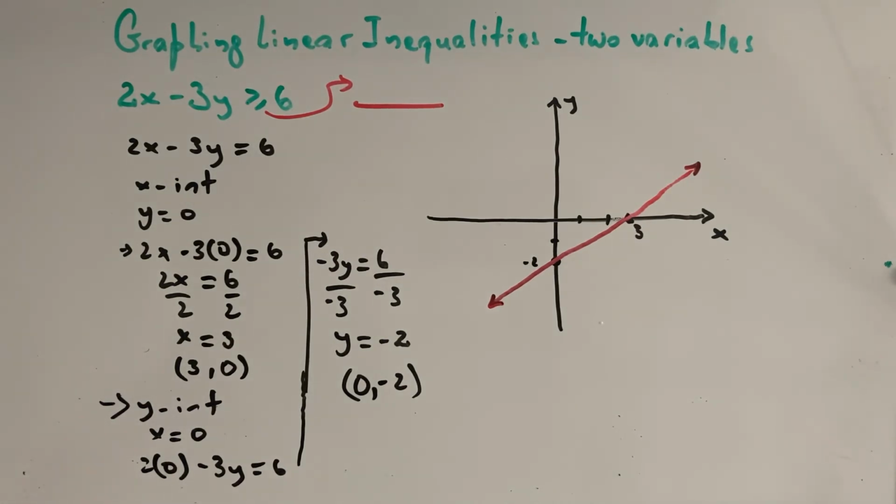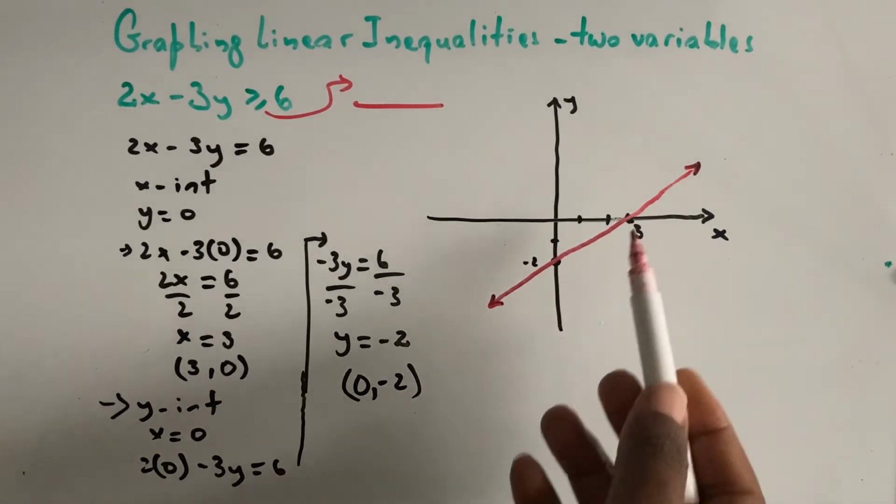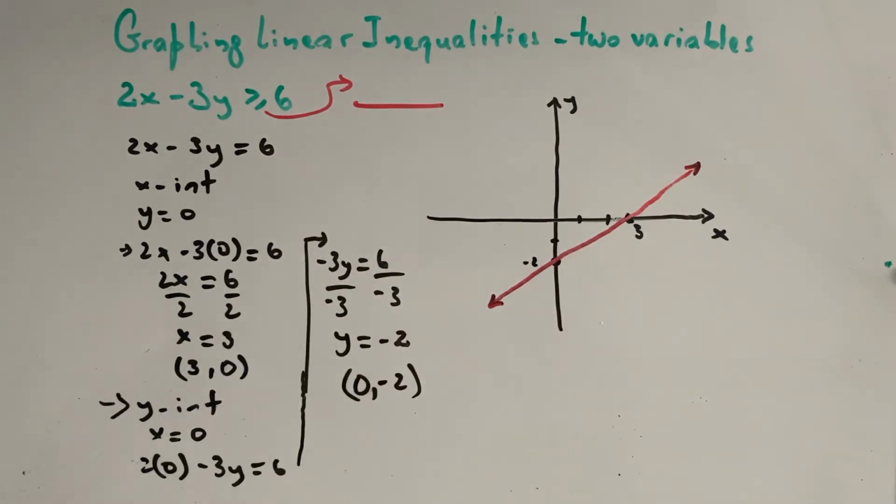Now I would be done here if this was an actual linear equation in two variables, but it's not. It's a linear inequality. So that means I need to graph the solution set. Where do I have the ordered pairs that are part of this linear inequality?